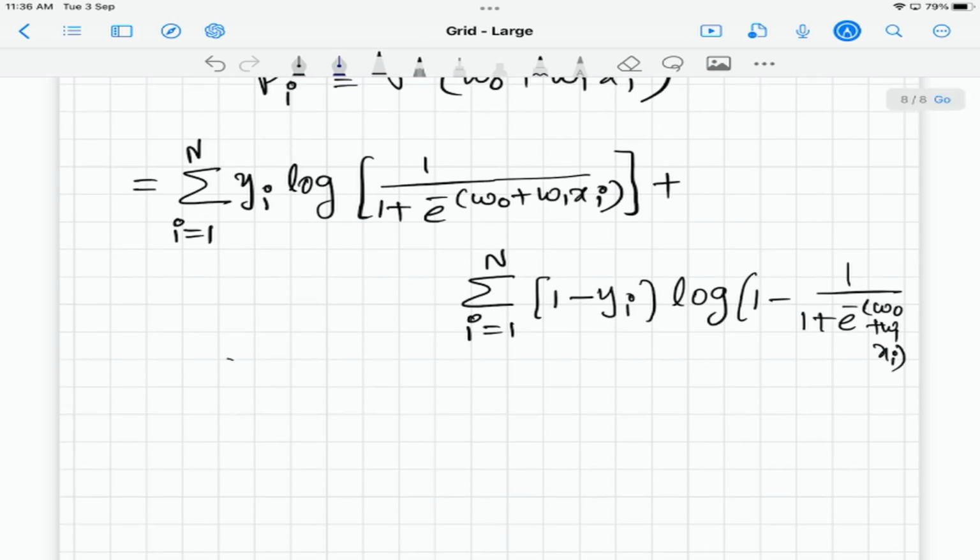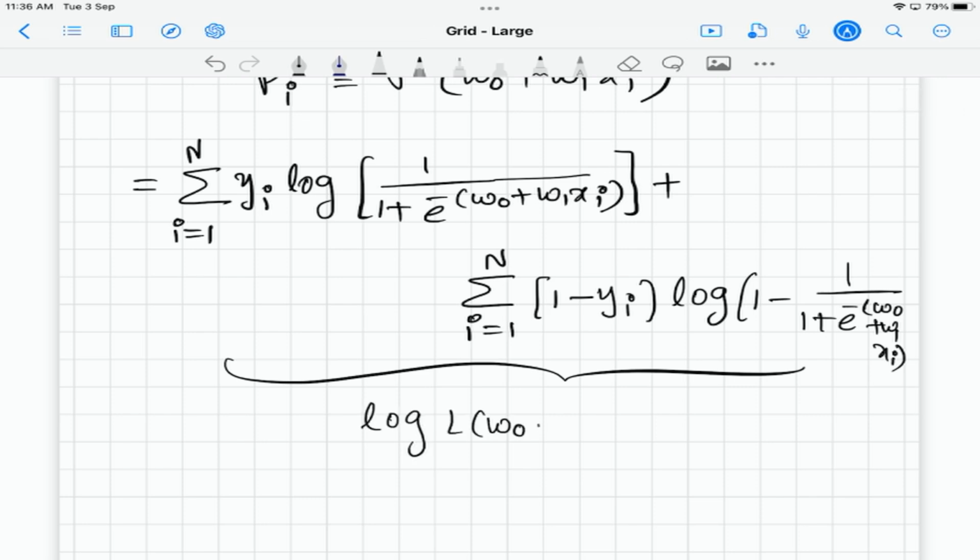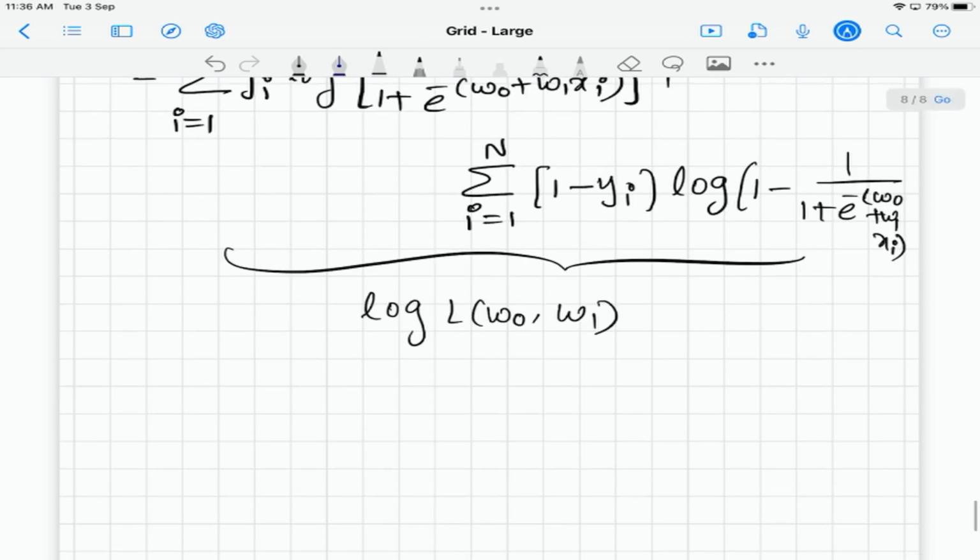This equation is just your log of. Now each term I'll take out and we will try to derive dou L by dou W1.